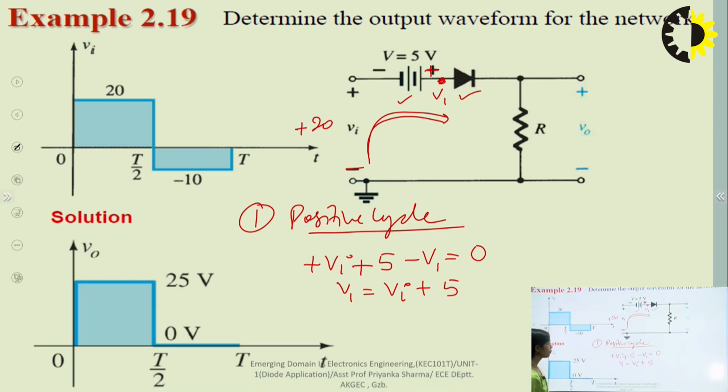By analyzing the V1 value, we can check whether the diode will be forward bias or reverse bias.